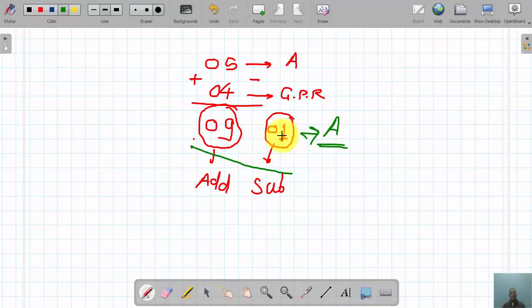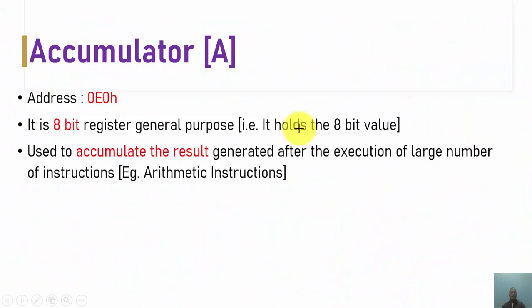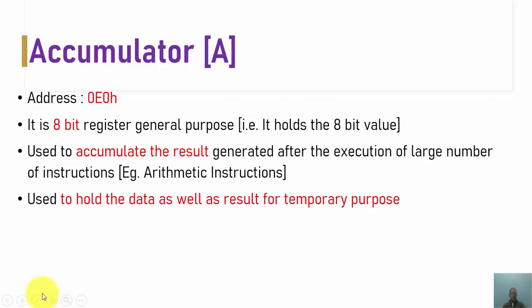So whenever we perform any arithmetic operation, the final result generated is by default stored in the accumulator, and that's why it is said that the accumulator is used to accumulate the result generated after execution of a large number of instructions.